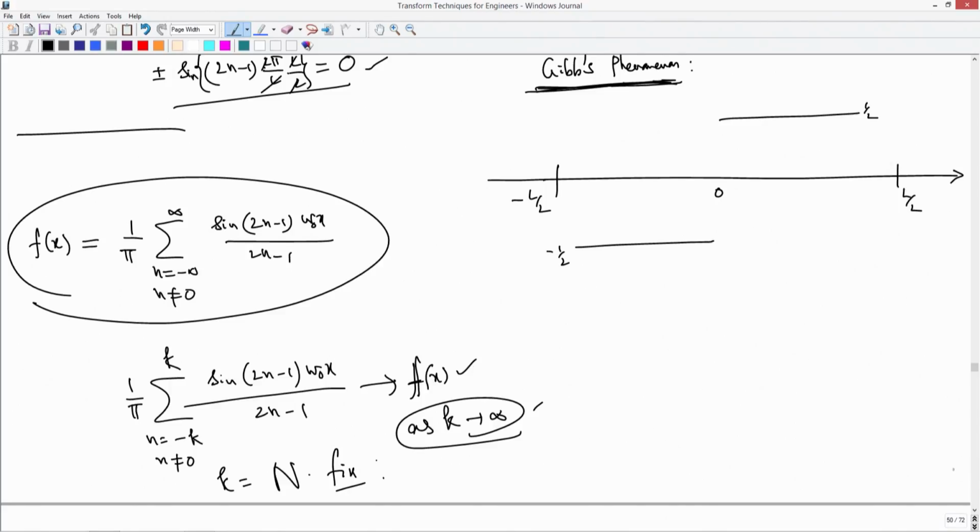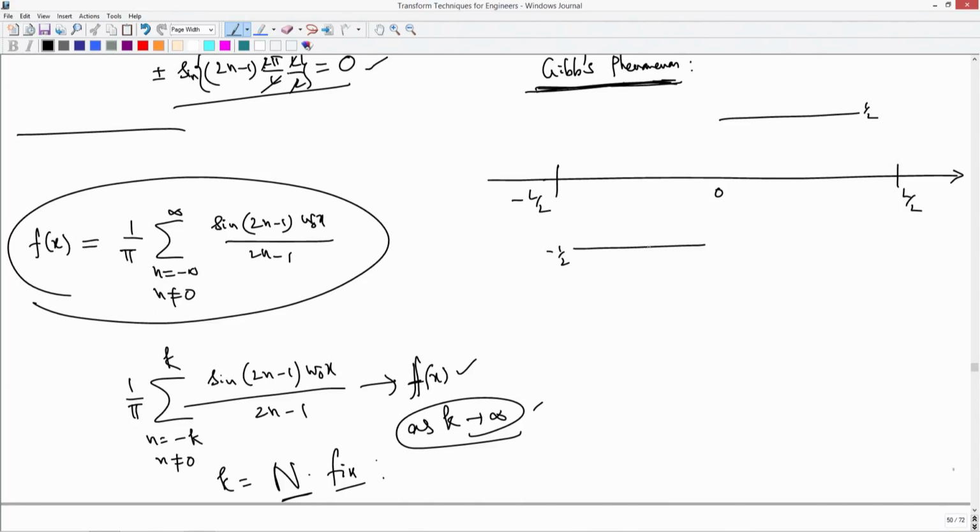What is actually happening once you fix this k, which is some big number N? At the discontinuous point 0, it eventually converges to this value, which is minus half.